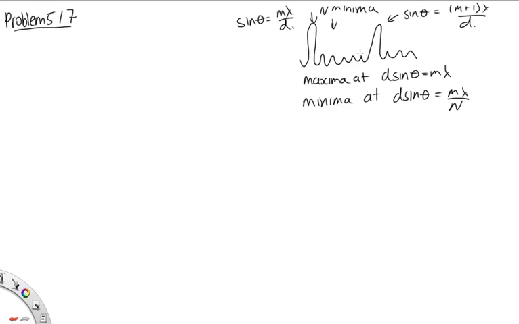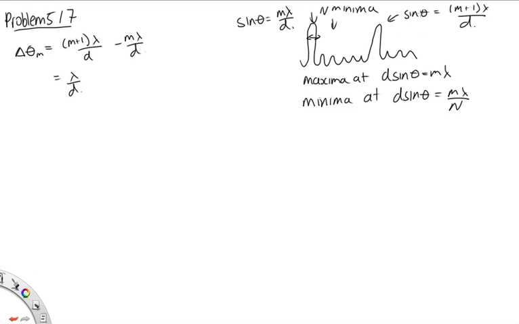So they're adjacent maxima. What we're trying to do is work out the width of this line here. First of all, we know the distance between these two maxima. We've got the delta theta between them, using the small angle approximation that sine theta is approximately theta. So we'll subtract this one away from this one. We've got m plus 1 lambda over d minus m lambda over d, which gives us lambda over d.